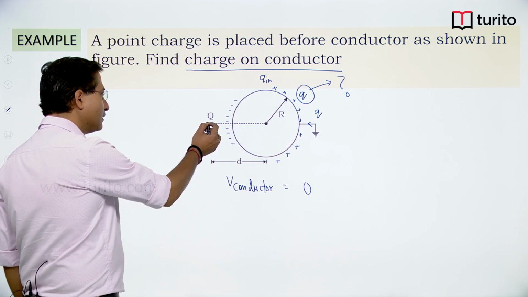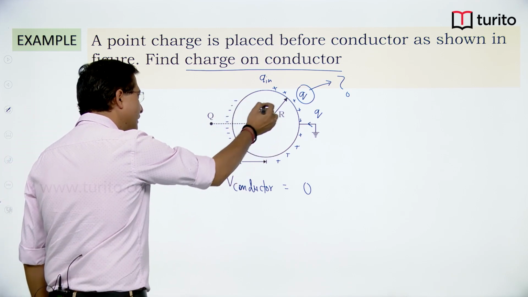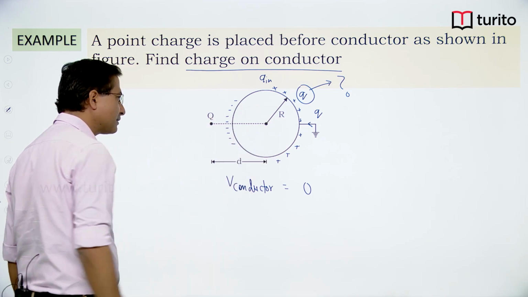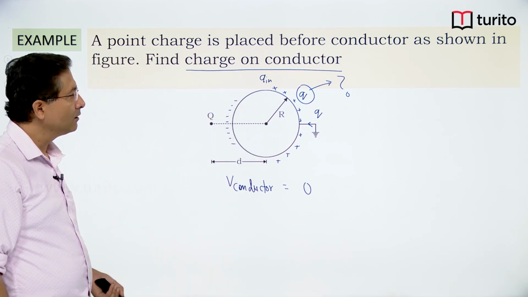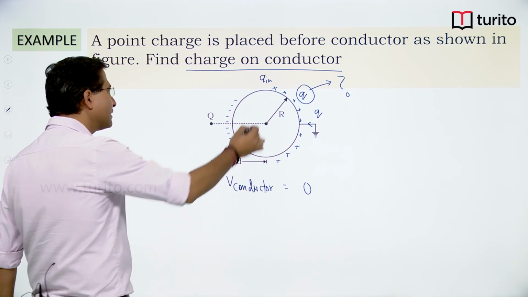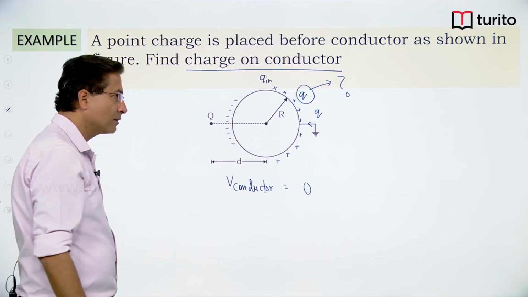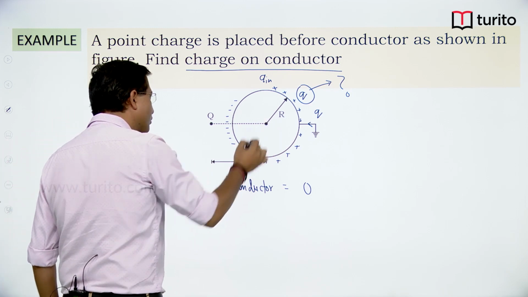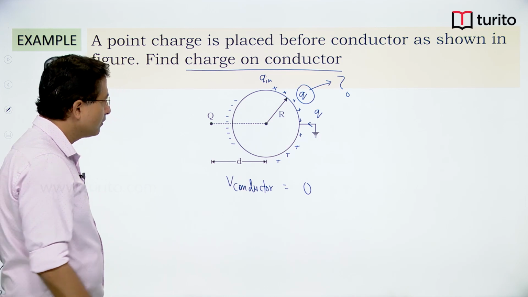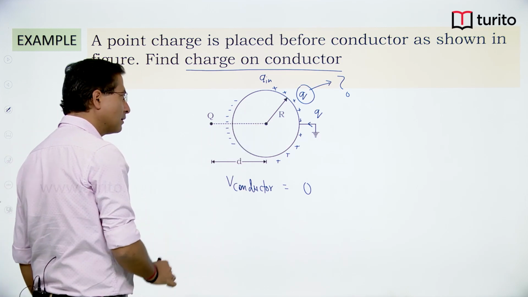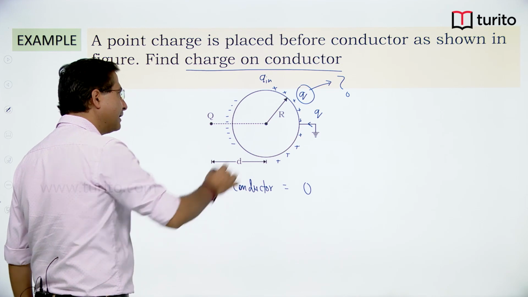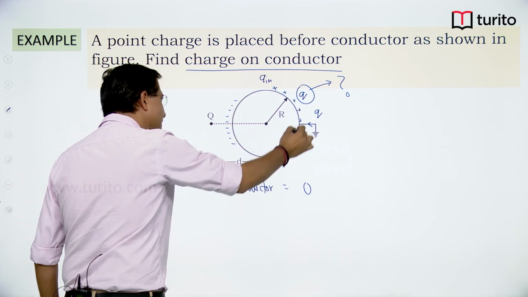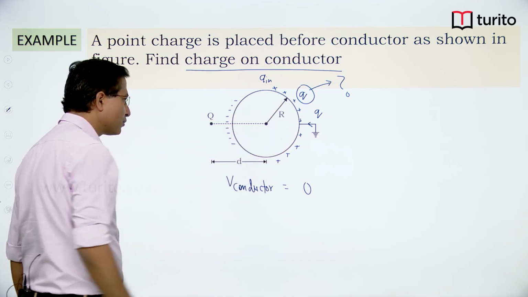I can write the potential at any point inside the conductor because of this q charge. Only thing I require is the distance. But the problem is the potential created by the induced charge will be difficult to calculate for any other point, but if I take this point, because of induced charge potential at this point I can easily write, and because of this charge I can easily write the potential at this point.